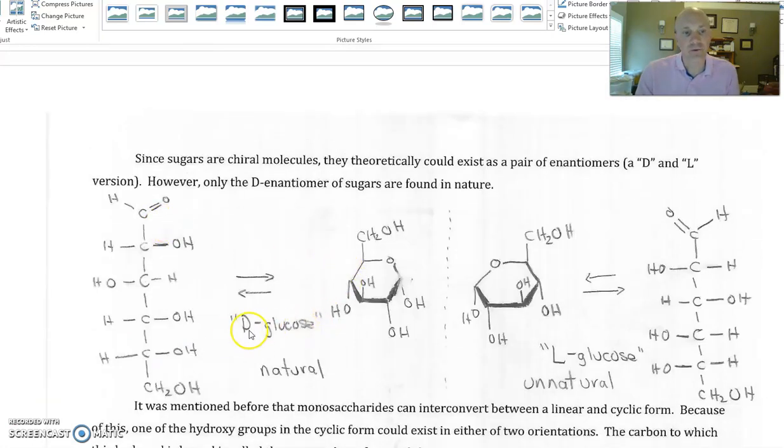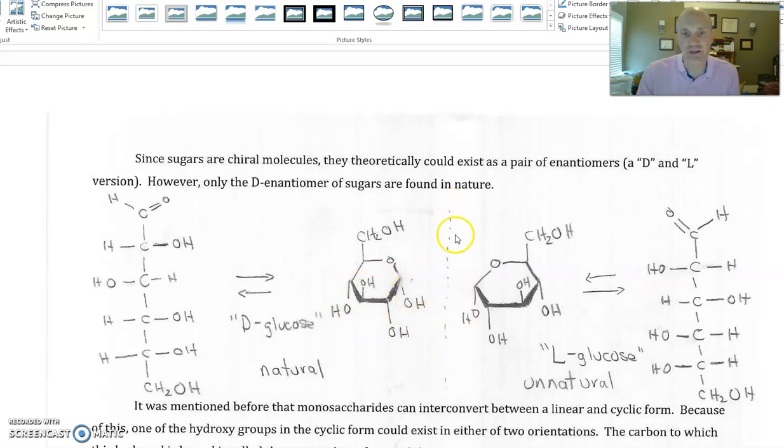So one last thing, and this is the one that probably affects biology the least, is that for each of these types of monosaccharides, again, these are chiral molecules. We have a bunch of tetrahedral centers with 4 different groups coming off of it. So if we took the most common form, this right here would actually be alpha glucose.